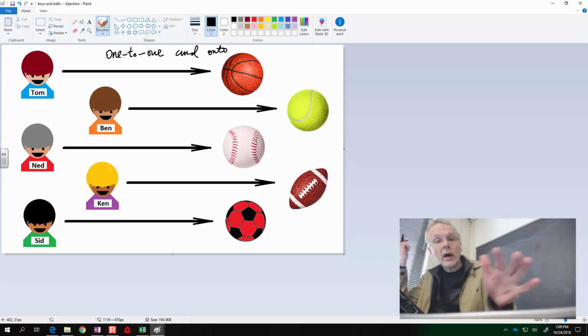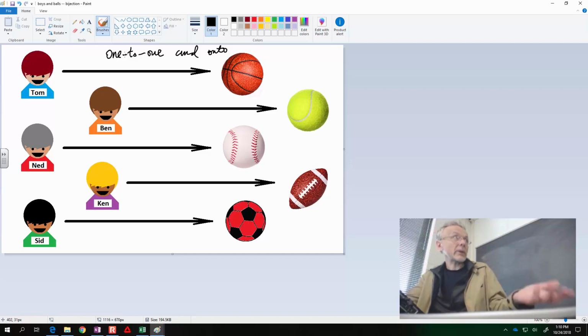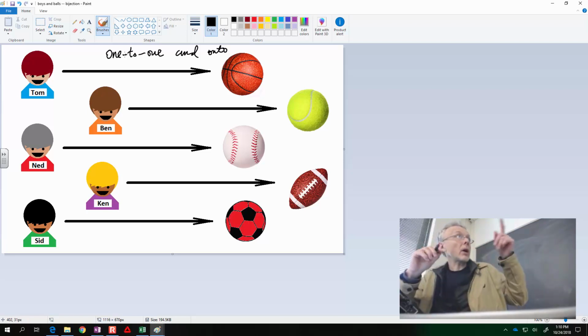It is like they become replaceable. The correspondence becomes 1-to-1 and onto, meaning that for each ball there is one boy, and for each boy there is exactly one ball. So if you don't remember what that ball is, you can say, instead of a basketball, that's the ball Tom is playing with, and that would be totally unambiguous.